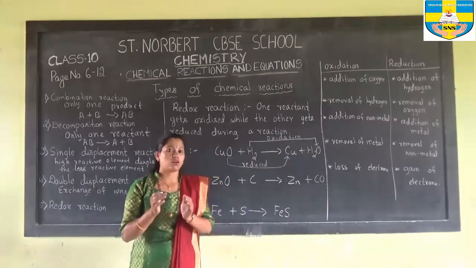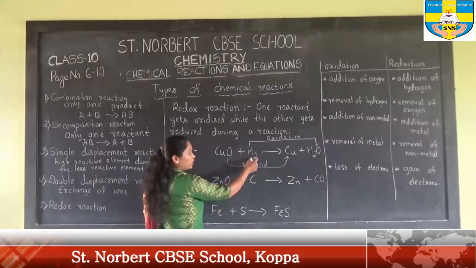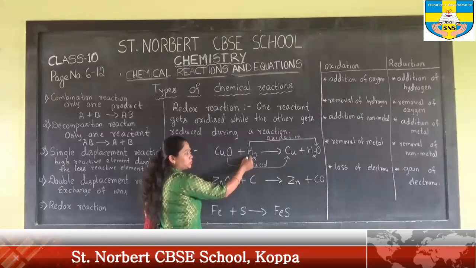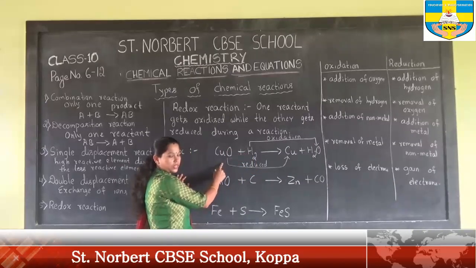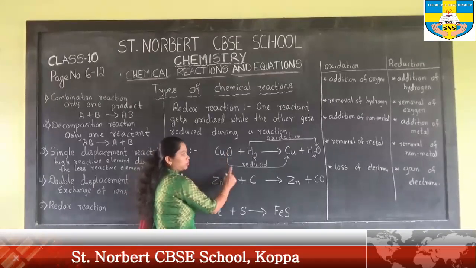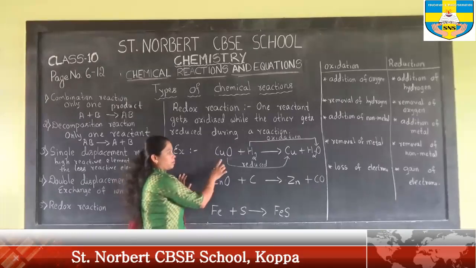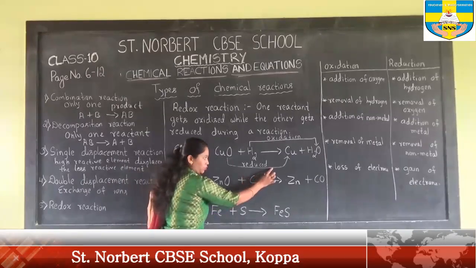How to identify the oxidizing agent and reducing agent? Let us see here. Here, the hydrogen helps the copper oxide to reduce.